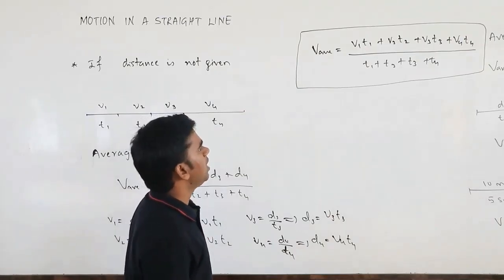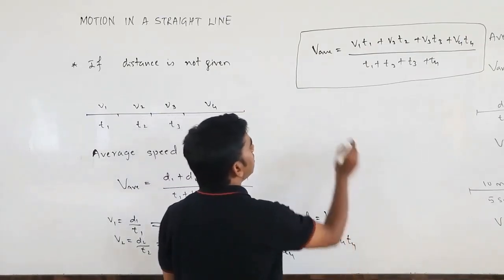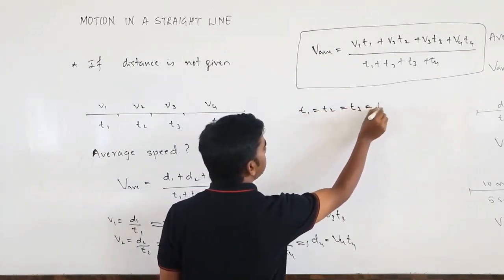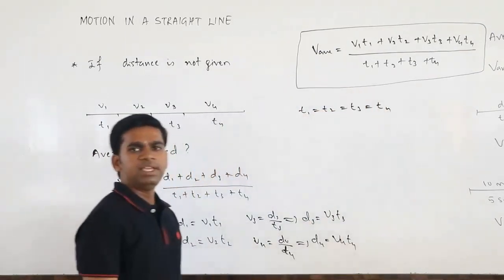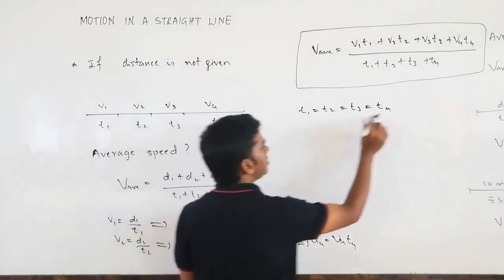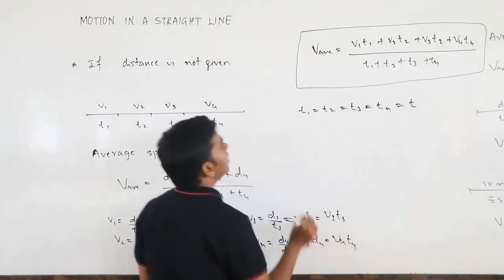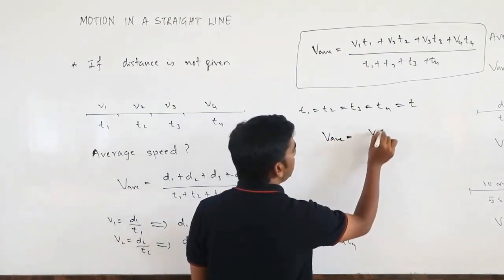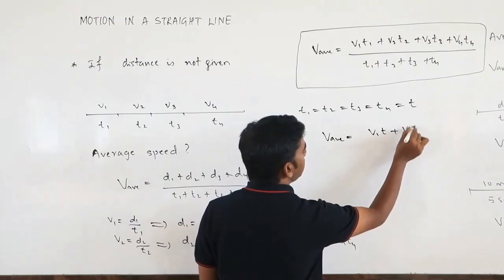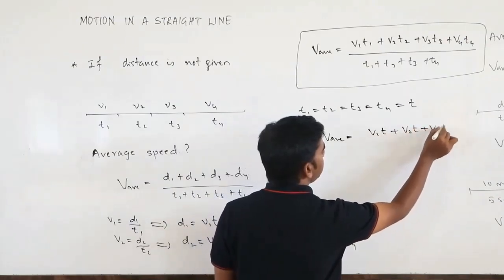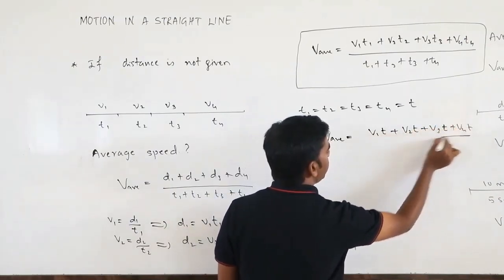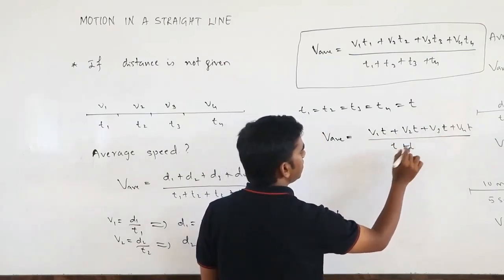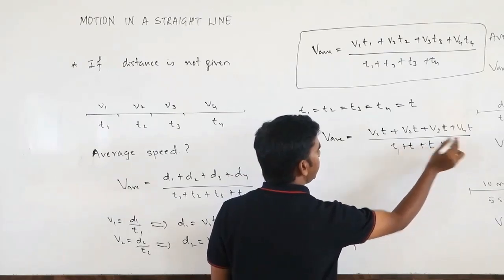Now suppose t1 is equal to t2 is equal to t3 is equal to t4. If all these times are equal, I will take them generally as t. So the equation will be v1 into t plus v2 into t plus v3 into t plus v4 into t, whole divided by t plus t plus t plus t.